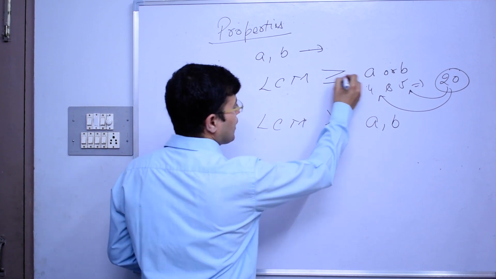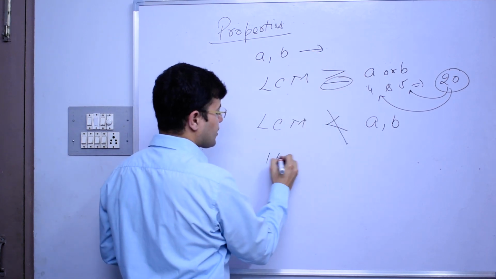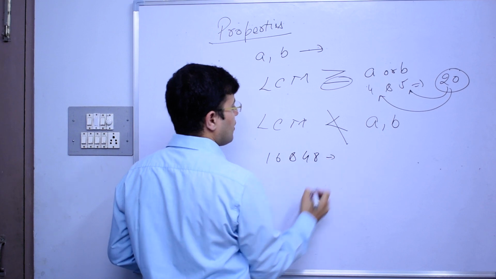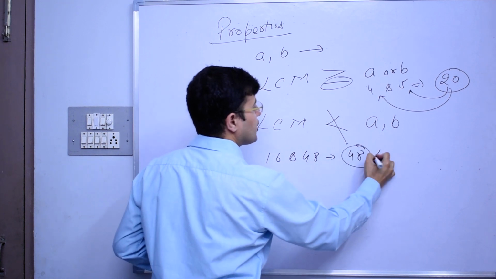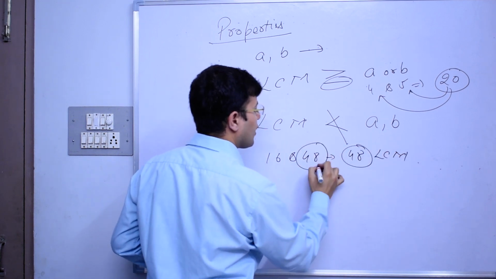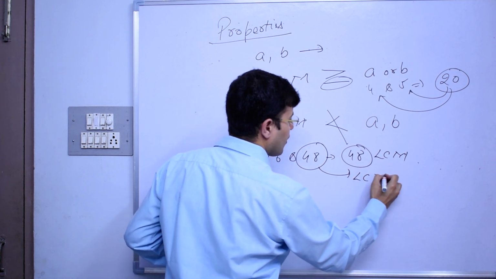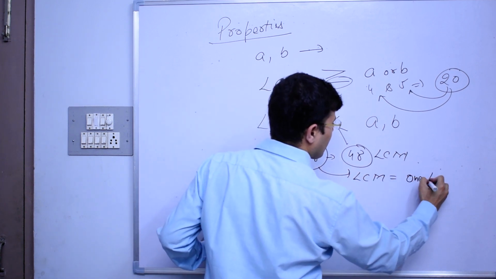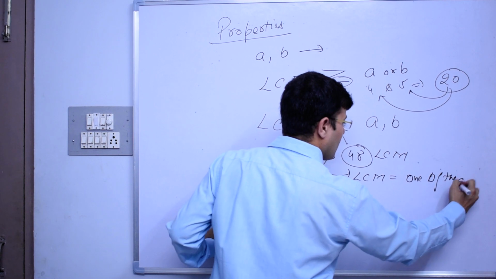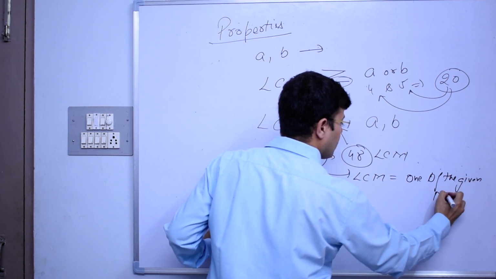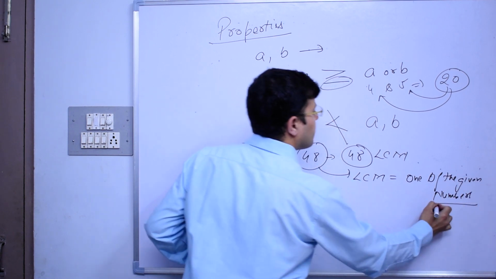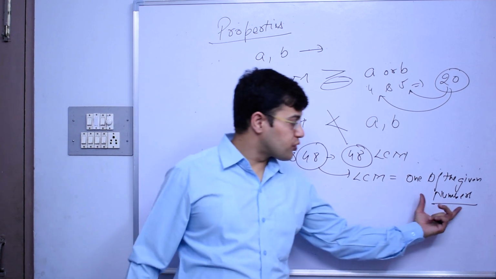Then it can also be equal. The last case that we did, 16 and 48. So 48 was the LCM. So we can say this is the case when the LCM was equal to one of the given numbers. Right.